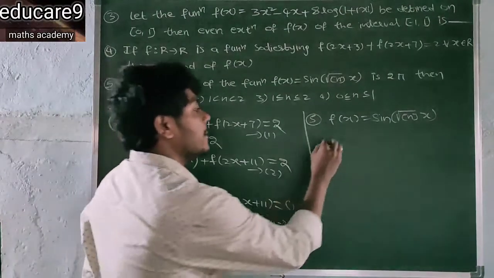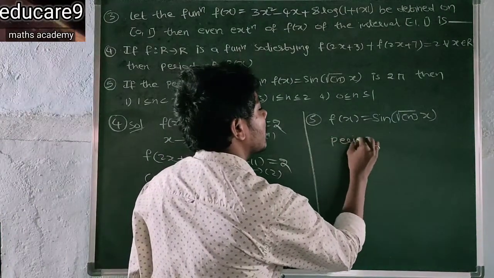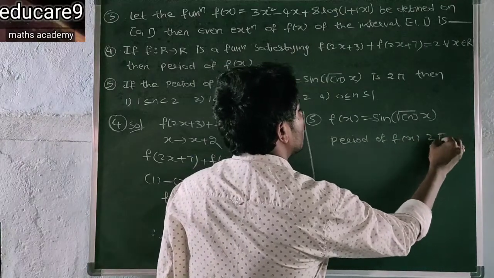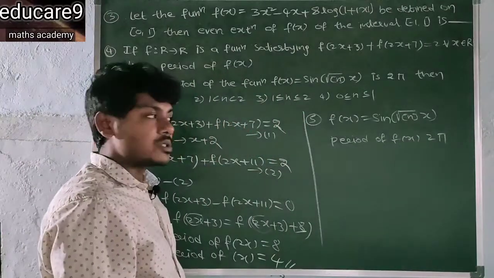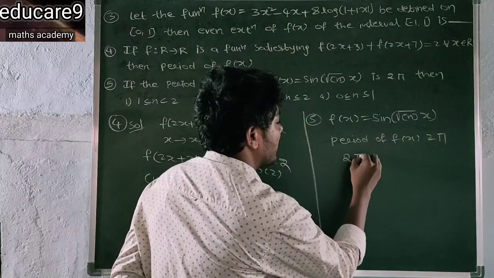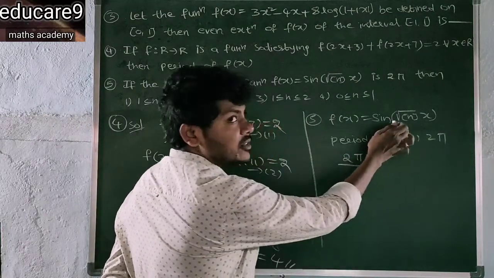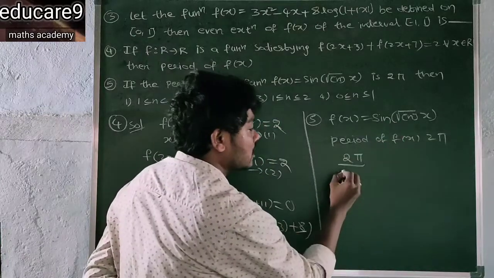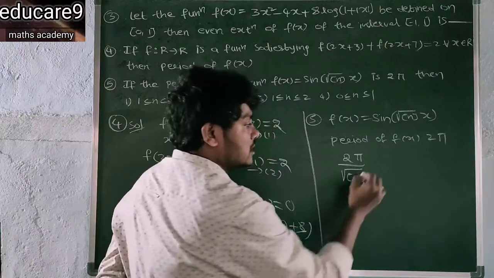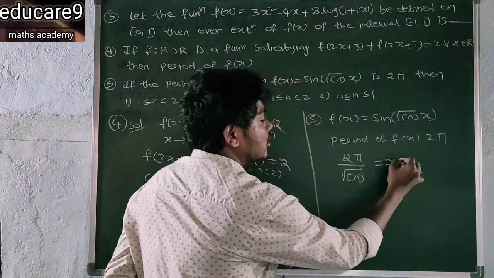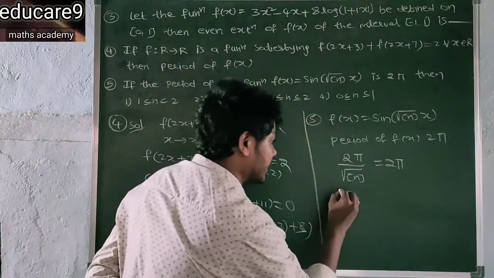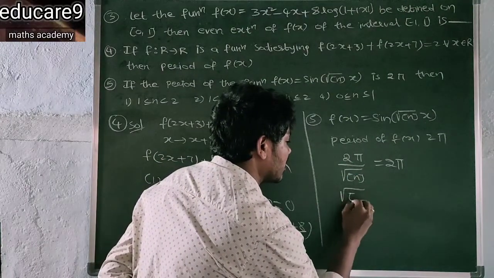So here, the period of f(x) is 2 pi, that is 2 pi by the period of this function, 2 pi by square root of [n], is equal to 2 pi. Now 2 pi gets cancelled. What you get: square root of [n].